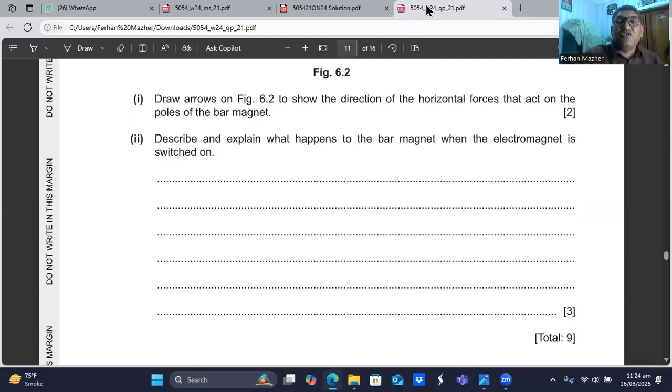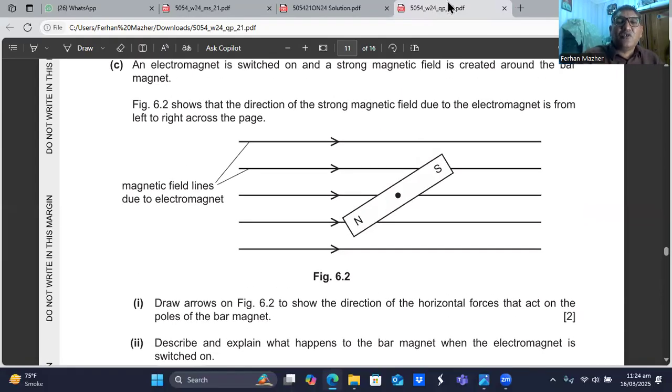So what will happen to this bar magnet? You see, because it is experiencing a force in this direction, here the bar magnet is pivoted. So here an anti-clockwise moment will be induced. Here due to the force on the S, force in this direction will create an anti-clockwise moment. So here anti-clockwise moment is produced, here anti-clockwise moment is produced. So what will happen? This bar magnet will rotate anti-clockwise.